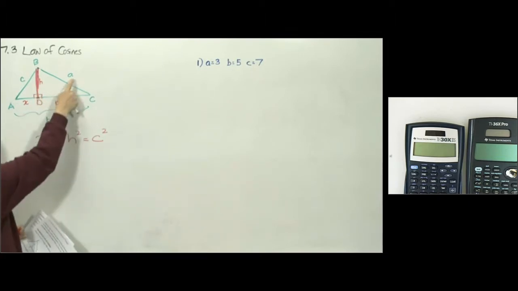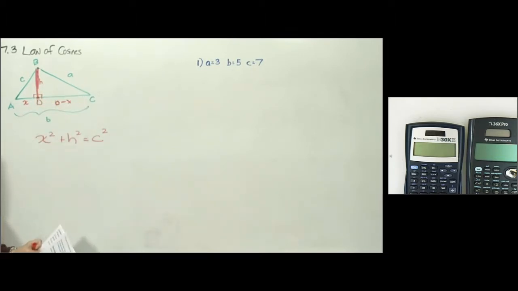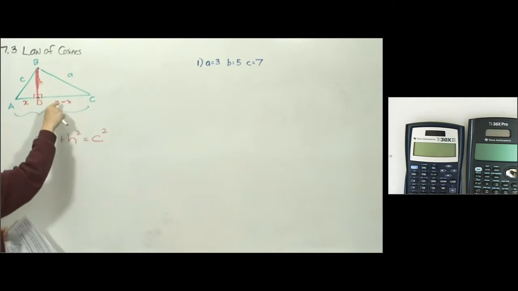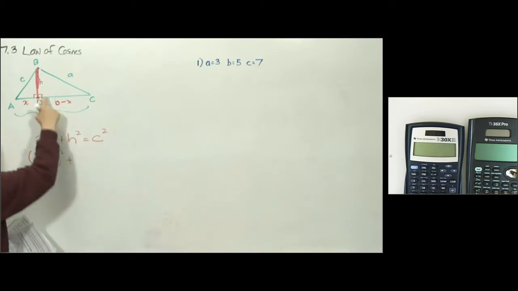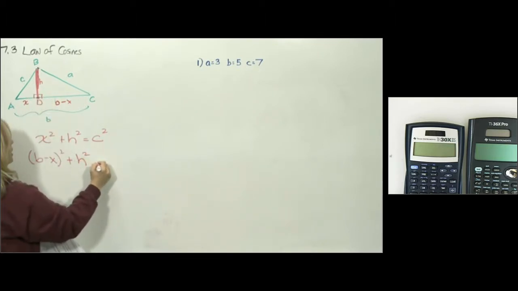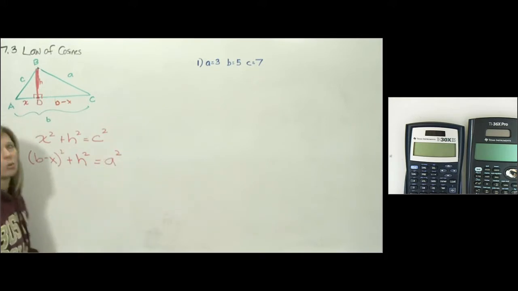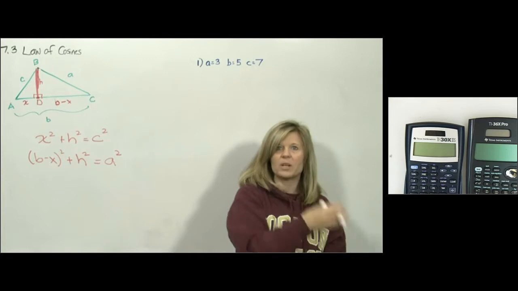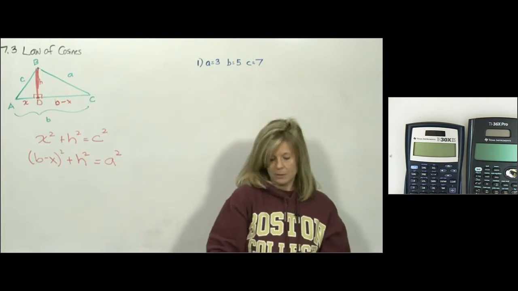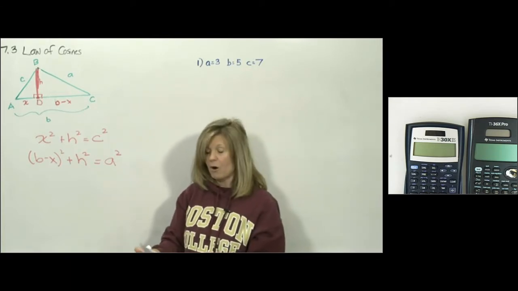We have the 3 sides labeled, so let's do Pythagorean theorem. So they're going to take this side, b minus x squared plus h squared equals a squared. So what we're doing is writing a system of 2 equations, just like we did when we developed the law of sines. All righty? Is everybody with me so far?